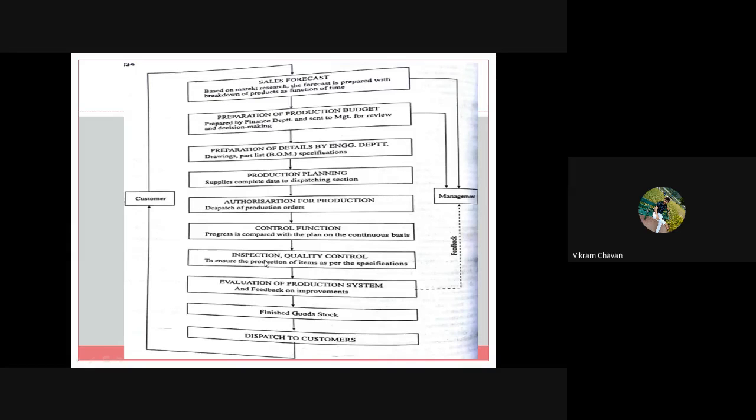This department plays a very important role, because to achieve the desired quality of the product, we need to inspect the products.